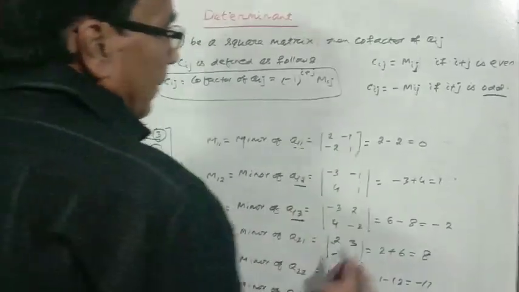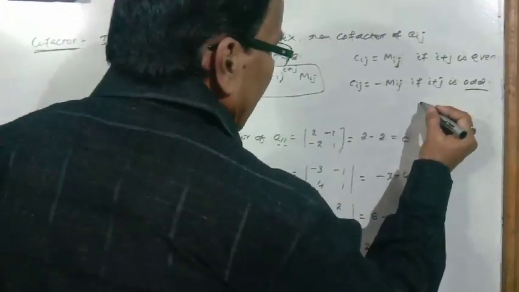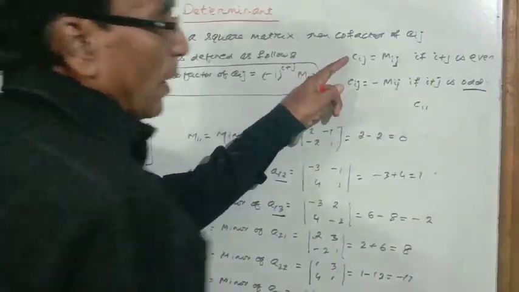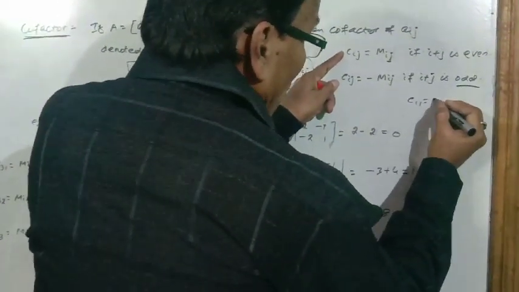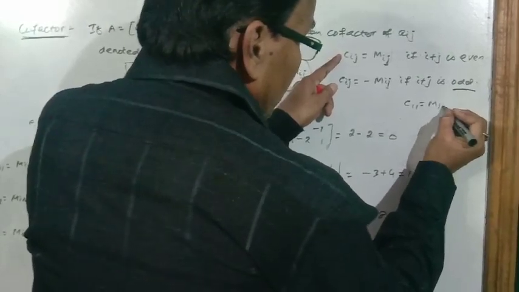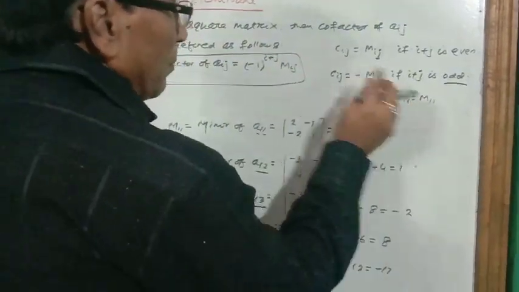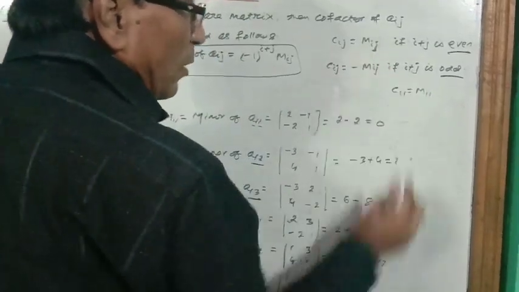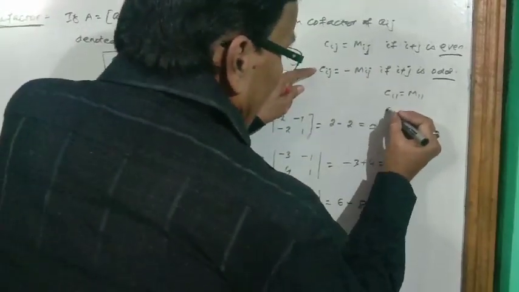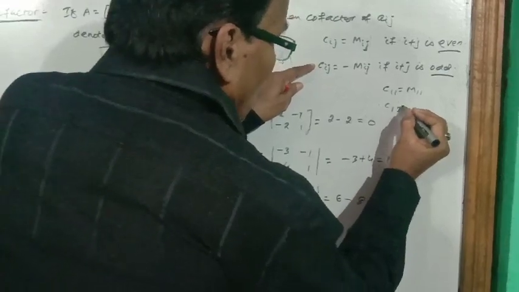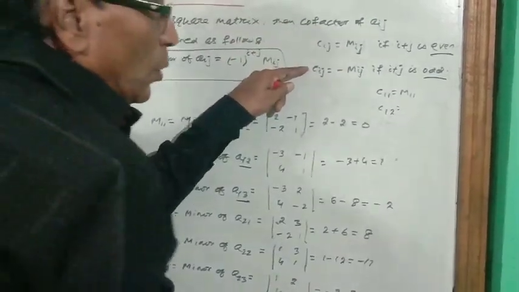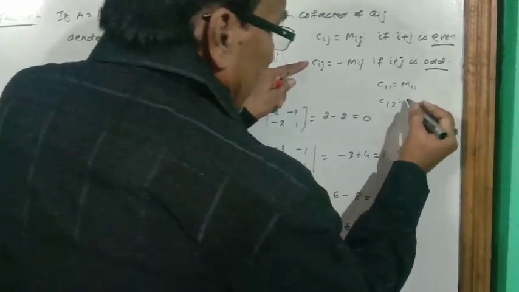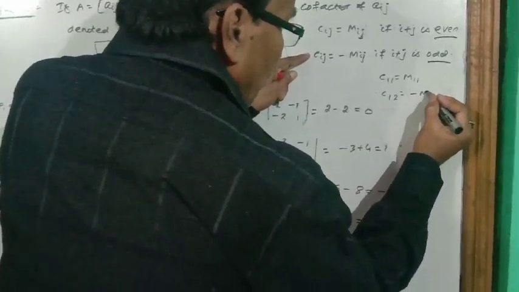Now here you see, what is the value of C11? C11 is same as M11, because 1 plus 1 is even. Then again, if I say C12, it means 1 plus 2, it is odd, so it is minus M12.